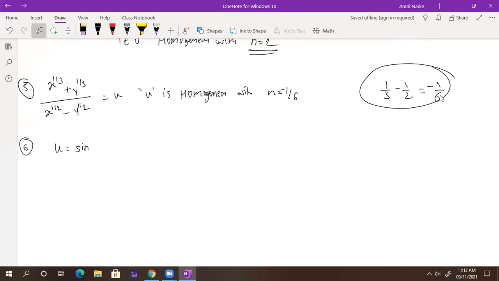So what is my example 6? u is equal to sine inverse of (x square plus y square) divided by (x plus y). So an inverse function came here. Whether u is homogeneous?